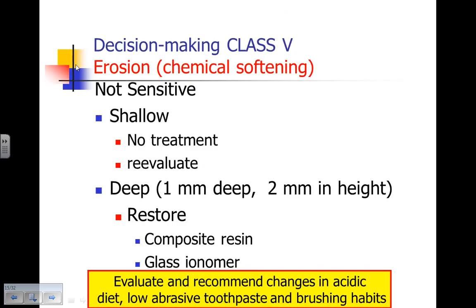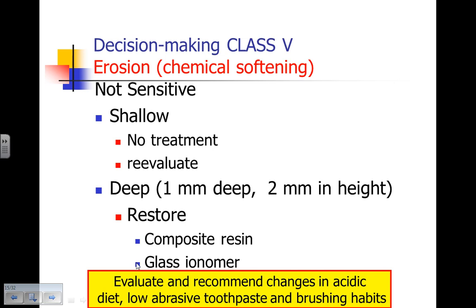The decision-making for the chemical erosive lesion is very similar to that for the abfraction. Where no sensitivity is present, no root sensitivity, no dentinal hypersensitivity, in the shallow lesion there's no treatment. We'll do active surveillance and reevaluate that. As we see a deeper lesion, 1 millimeter in depth, 2 millimeters in height, our consideration is to restore with an adhesive composite resin or an adhesive glass ionomer.